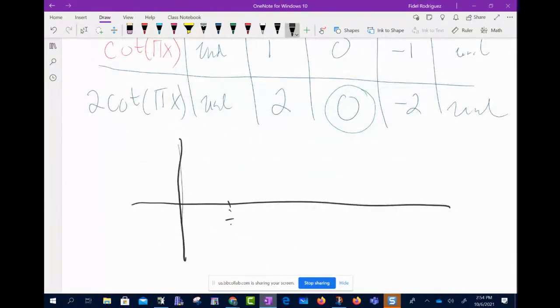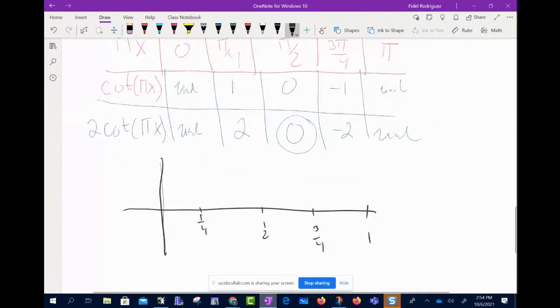So I'm going to go like this: 1/4, 1/2, 3/4, and 1. So we know that at 1/4 we're up at 2. Right here, we know that at 1/2 we are at 0, and at 3/4 we're at -2, right?